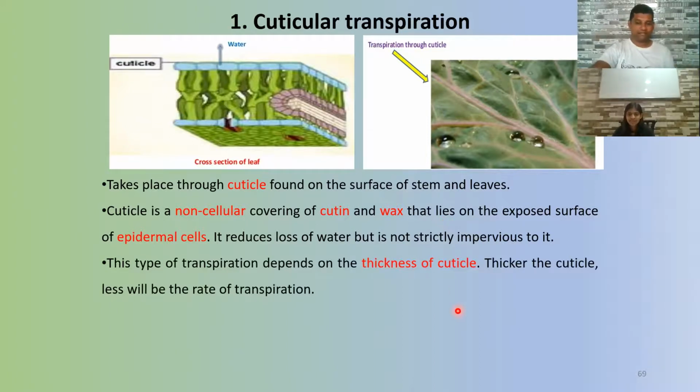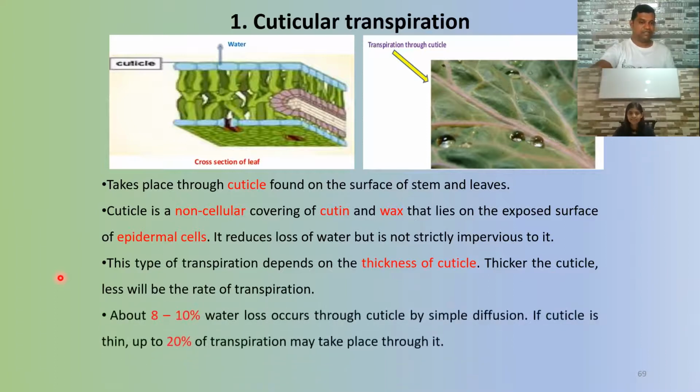The transpiration will also depend on the thickness of the cuticle. A thicker cuticle means transpiration will be less. In most leaves the cuticle is present, but in some it is even absent, it's not a constant layer. Cuticular transpiration is around 8 to 10% of all the transpiration that takes place.